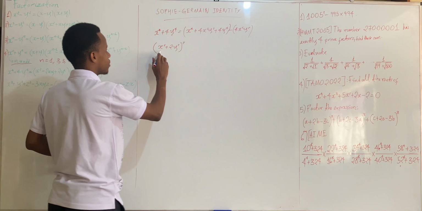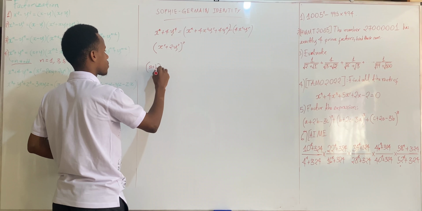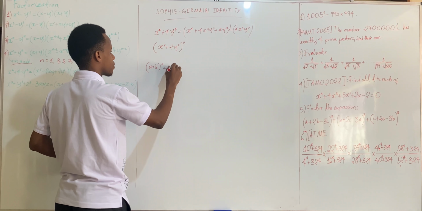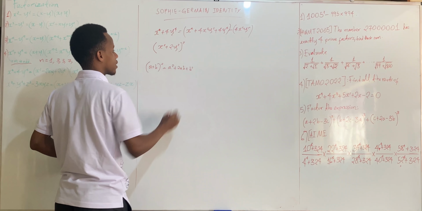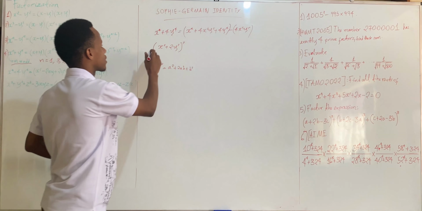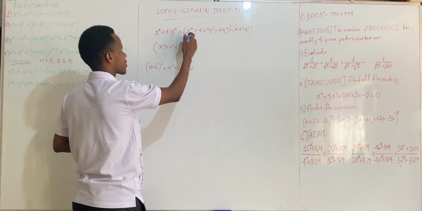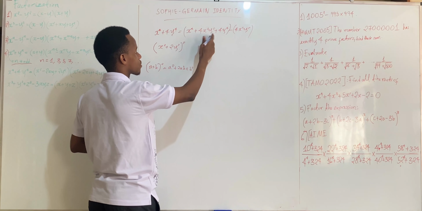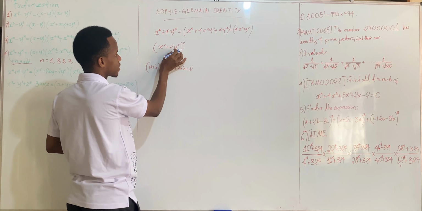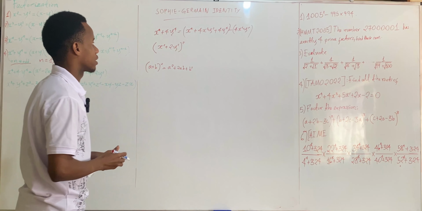It's easy to verify because as we all know, a plus b squared is a squared plus 2ab plus b squared. So when you expand this, you get x squared squared, which is x to the 4, plus 2 times x squared times 2y squared, which is 4x squared y squared, and the square of this last term will be 4 times y to the 4.